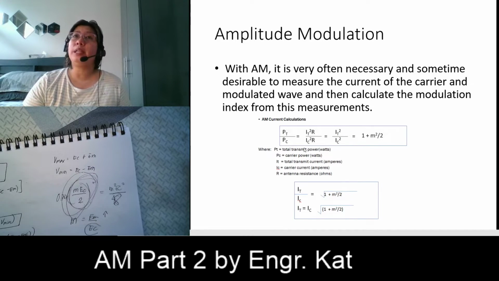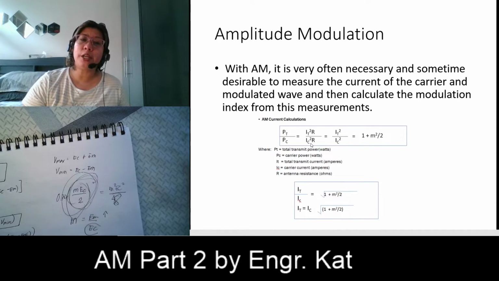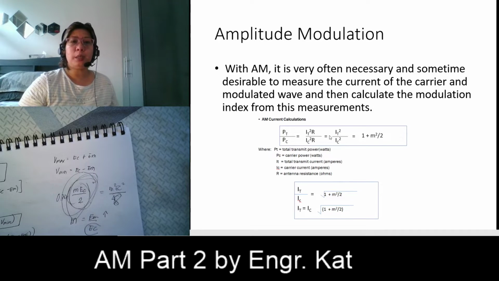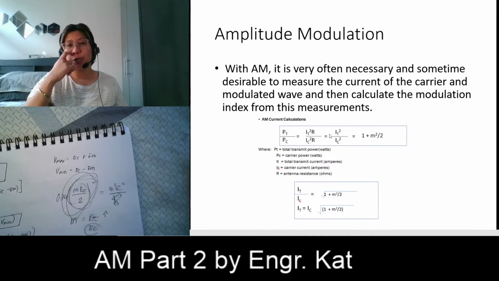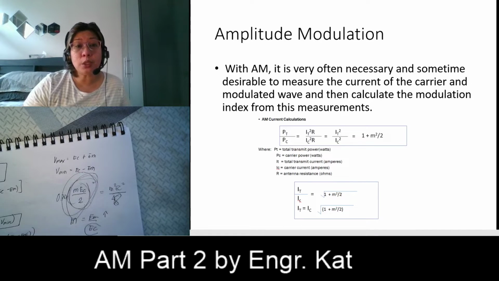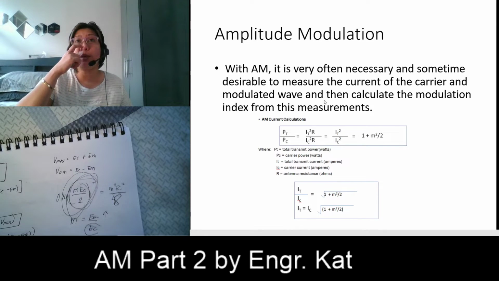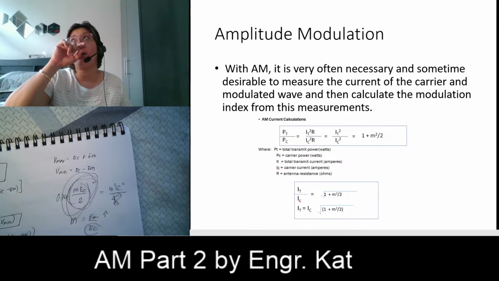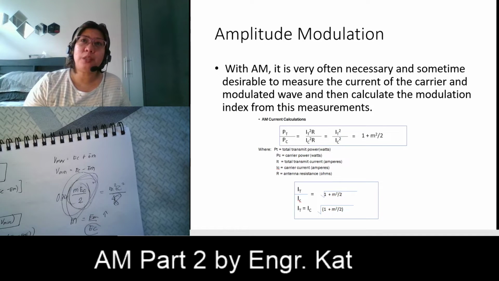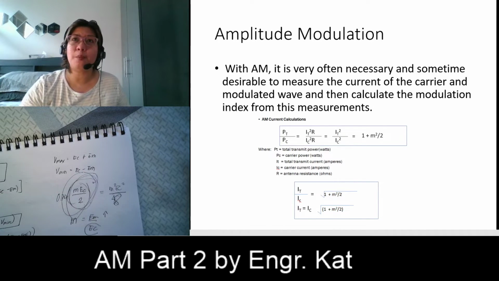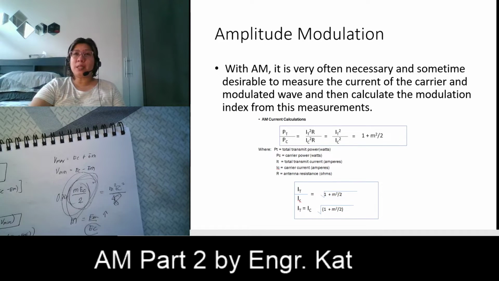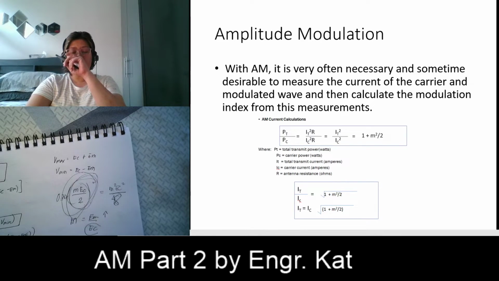So the power at the carrier is equivalent to the current at the carrier multiplied by the current of the carrier multiplied by R. Since we are considering an impedance matched system, if you still recall what an impedance matched system is, we use the same resistances throughout the system.